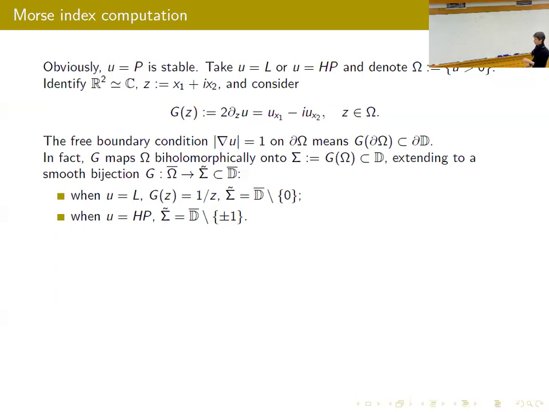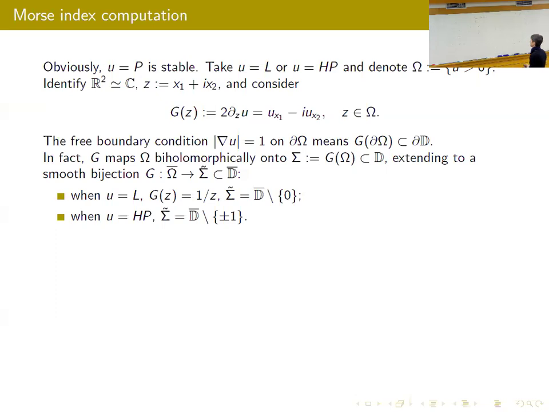Now you want to see what happens to the free boundary. Well, the G actually extends as a smooth bijection to the closure of the positive phase. So in the first case, the free boundary is mapped onto the boundary of the unit disk. In the second case, the free boundary is mapped to the entire boundary of the unit disk, save for the points -1 and 1. So your solution, the positive phase plus the free boundary, is just conformal to the closed unit disk minus 1 or 2 points.